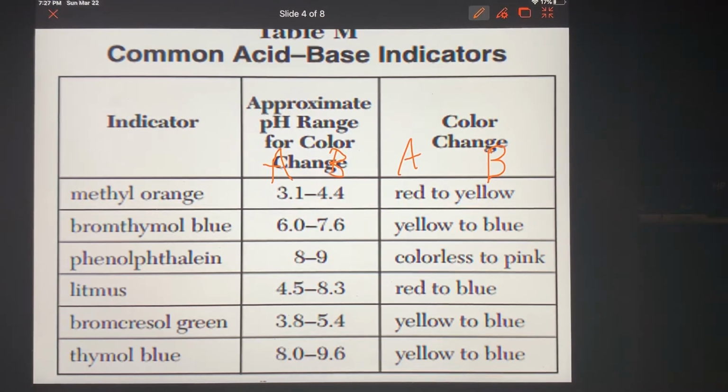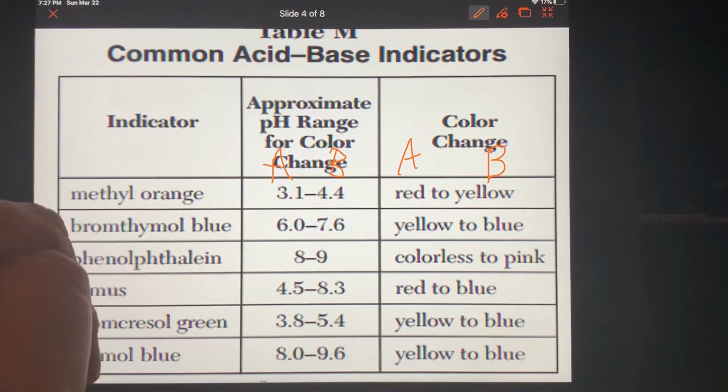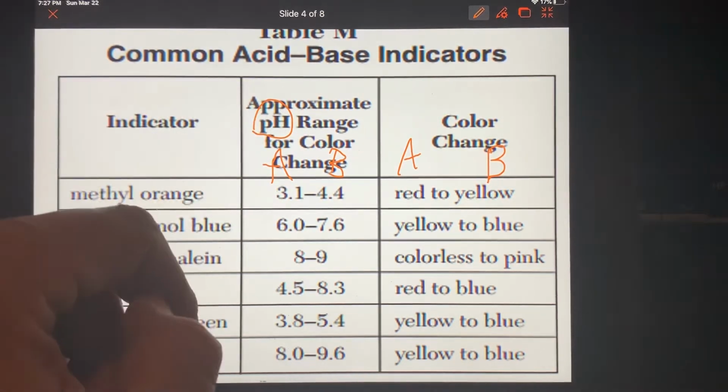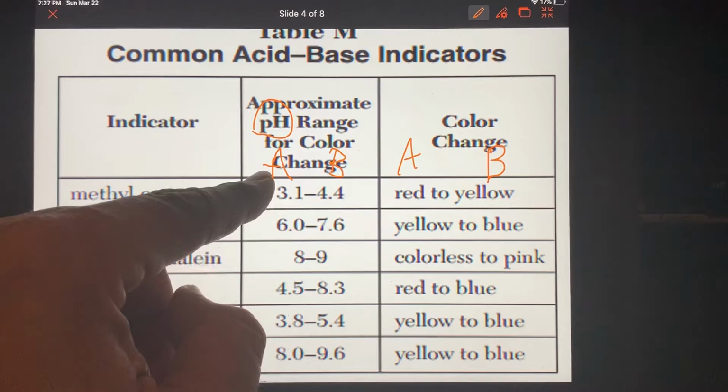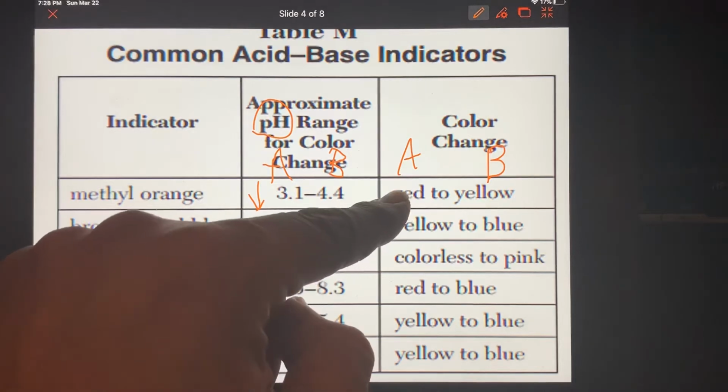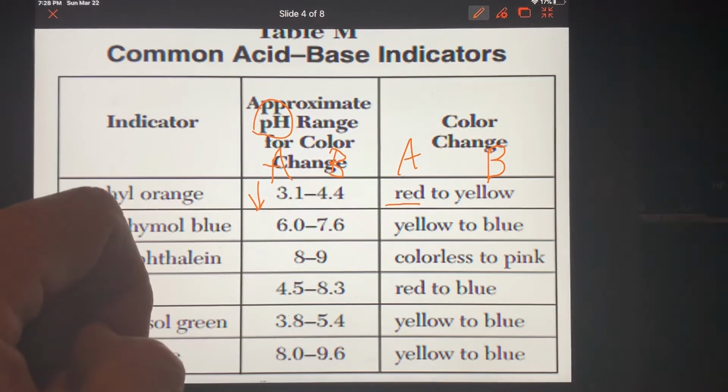If I dip an acid into methyl orange, and my pH number is 3.1 and less, all the way down to basically 1, it will turn red.